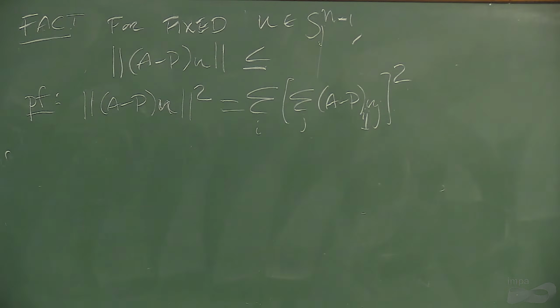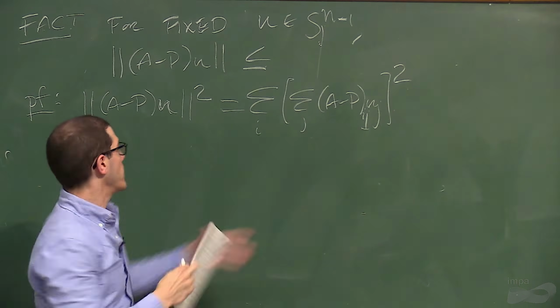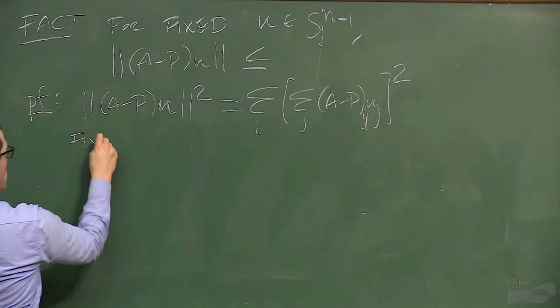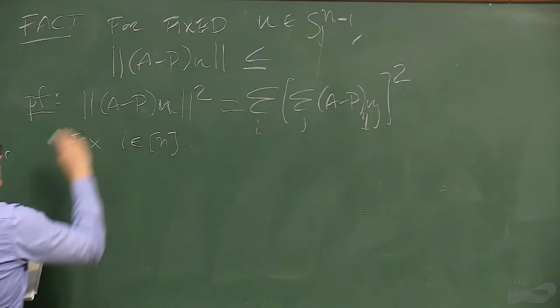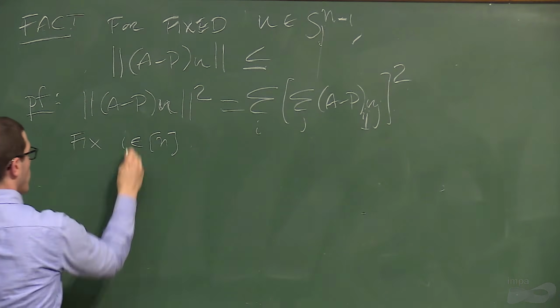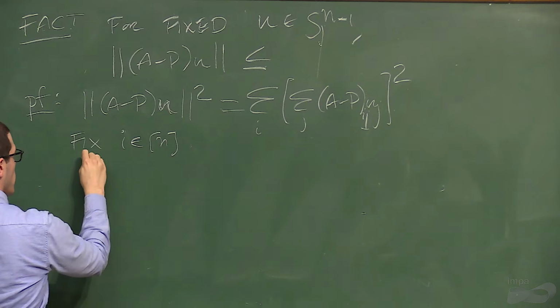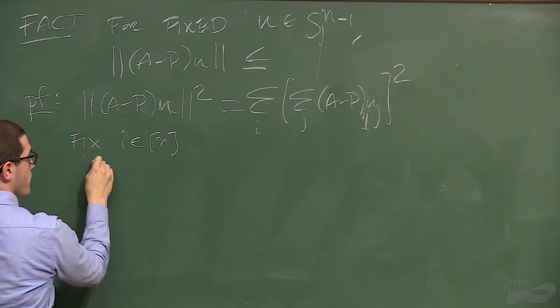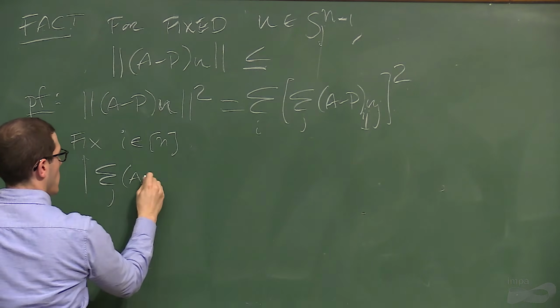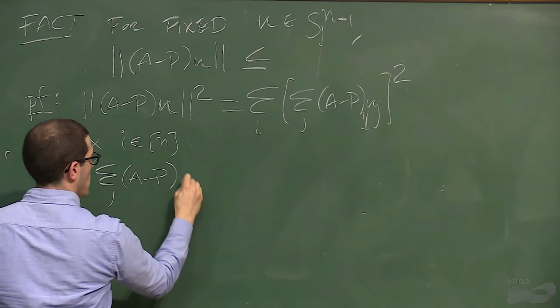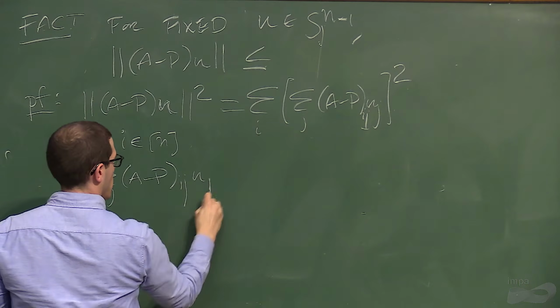Okay. So let's look at one of these. So let's fix i in N. So I'm fixing one row of A minus P. Okay. In other words, the size of this inner product.